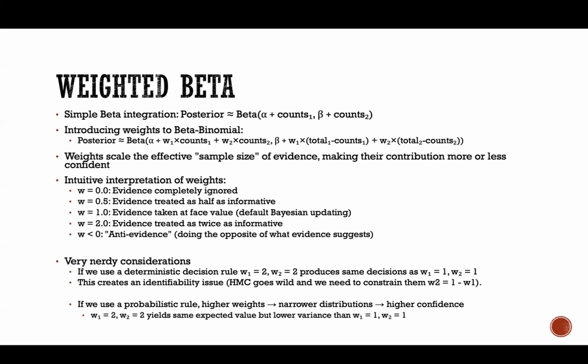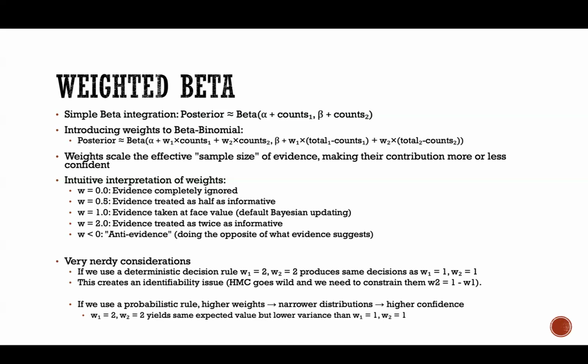If we use a probabilistic rule, actually, then both weights being 2 is going to be different than both weights being 1, because higher weight will mean narrower distributions and higher confidence in the agent.